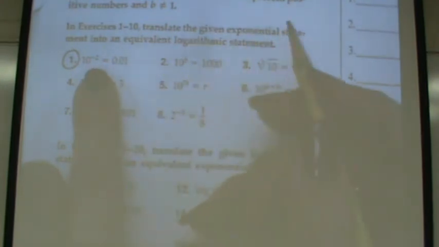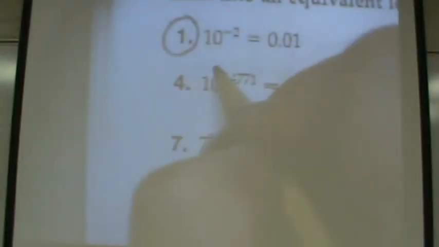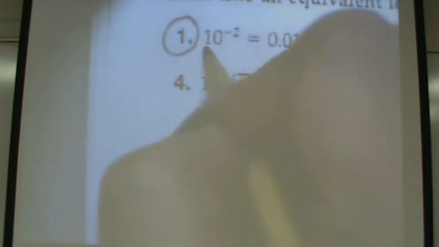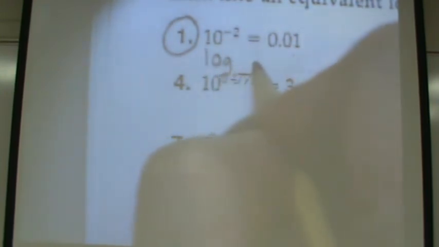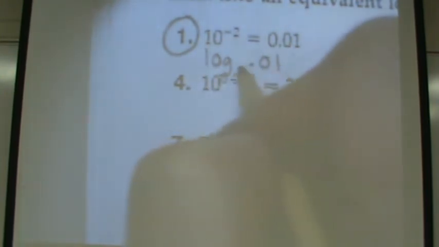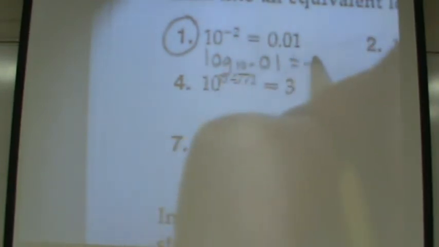Number 1, how are you going to translate this into log form? It should be very easy. How do you translate that to log form? The log of 0.01 base 10 equals -2.